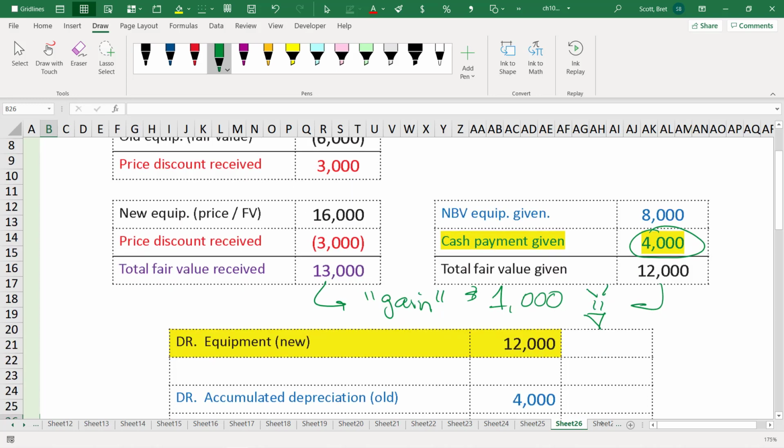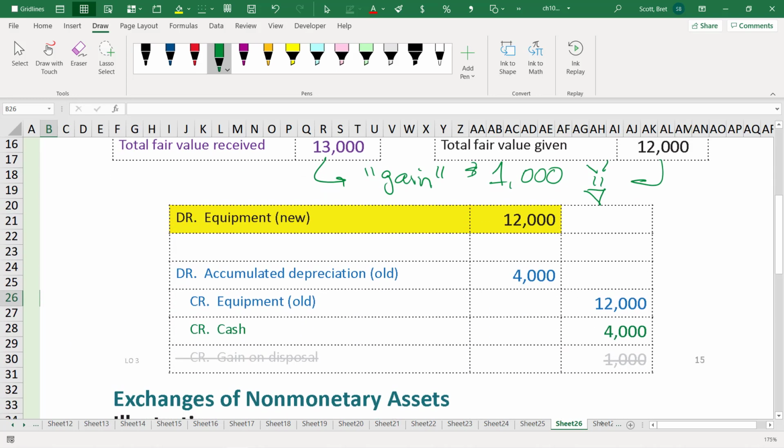This is a subjective transaction. So down below, yes, you'll still record the $8,000 worth of credit for net book value, and you have your $4,000 overall cash you paid. But you are not permitted to show any gain in a transaction that lacks commercial substance. So what do we do with this $1,000? Guess what?